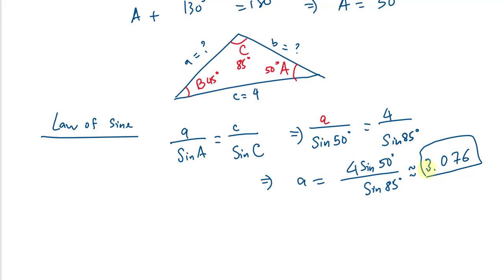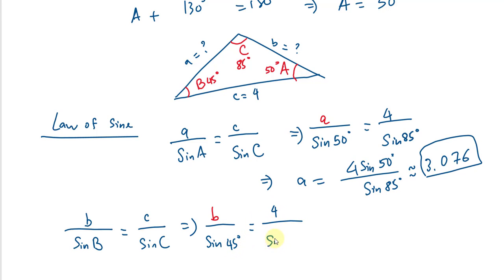Okay, and then again, once you know a and c, the last one is b, so we can set up another proportion, b over sine of B equals c over sine of C. And b is what we are looking for, and sine of B, which is sine of 45 degrees, equals c, again 4, over sine of 85.